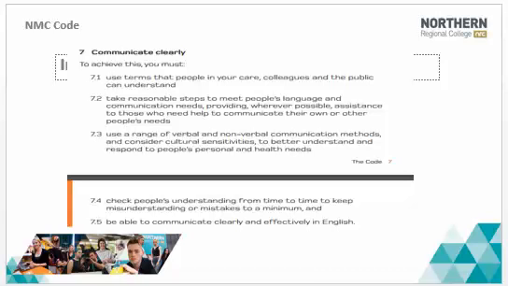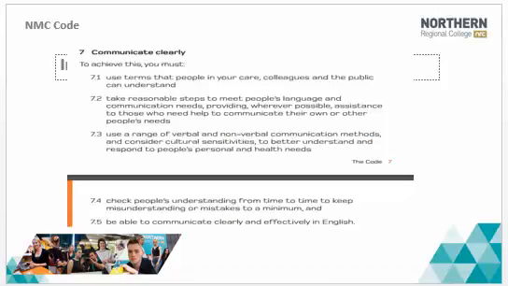Now then, under 7.5, it says that nurses and midwives must be able to communicate clearly and effectively in English. We might end up with a problem, because at the moment we are suffering a massive shortage of nurses in the NHS, partly because we're not paid enough, I might add.